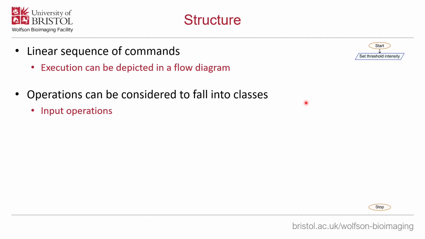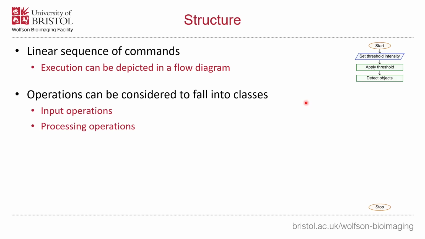Maybe this is explicitly setting the threshold, like it's hard-coded into the macro code, or maybe there's a dialog box that pops up, or maybe it's determining it through some calculation of intensity, like using an automated threshold. Either way, this is effectively an input, like you're putting information into the macro as to where that threshold should be.